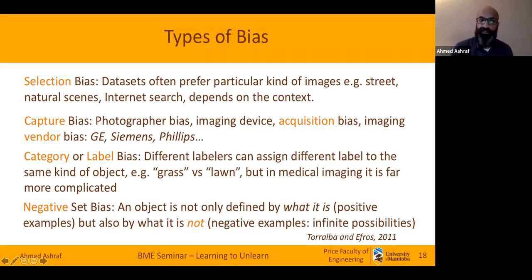Which means that potentially for negative examples, which are not a particular object of interest, we have got infinitely many possibilities. And when data sets are being built, different people or different groups might select different examples or different kinds of objects that specify the negative class in the context of the class of interest. So this is actually a very tricky kind of bias.